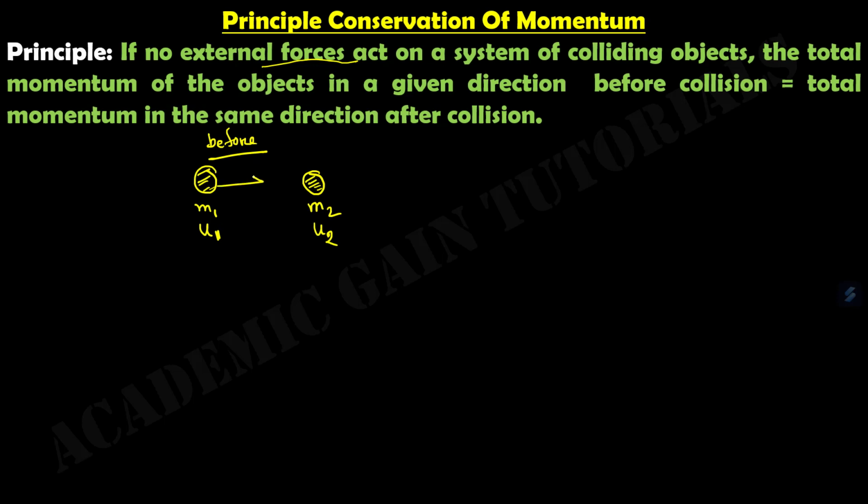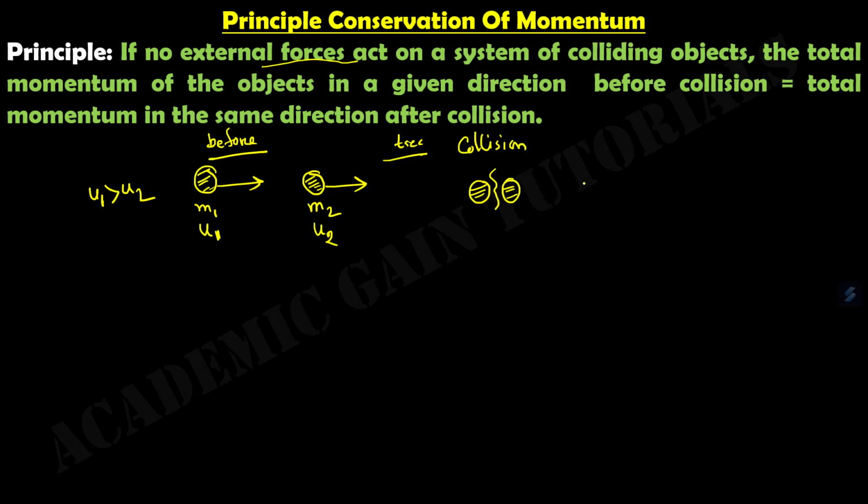So both of them are moving in the same direction. If u1 is greater than u2, then after some time t seconds, this m1 object will collide with the m2 object. This is the collision moment.